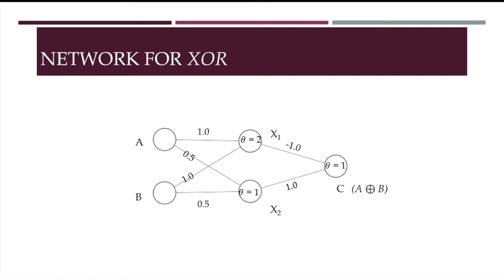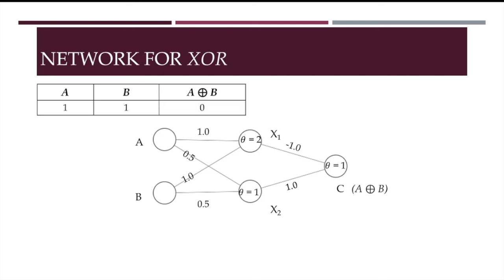Both A and B feed x1 with a connection weight of 1, and both A and B also feed x2 with a connection weight of 0.5. Now the other feature is that x1 has a negative, an inhibitory connection to the output unit, which is C, which encodes A XOR B, whereas x2 has a positive connection of 1.